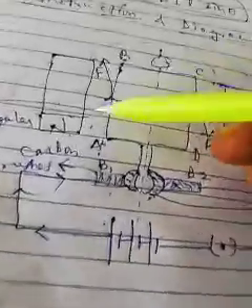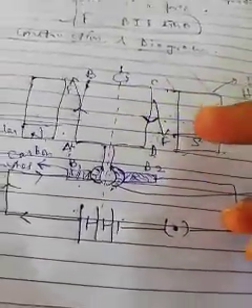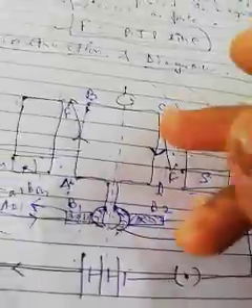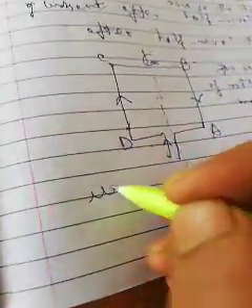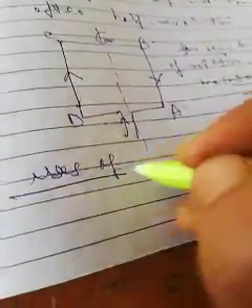Now according to Fleming's left-hand rule, we can decide the direction of forces, and due to these two forces, a couple will be produced, and that will rotate the coil in the anti-clockwise direction. Now, uses of the DC motor.